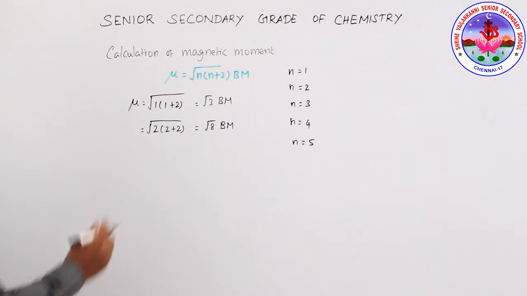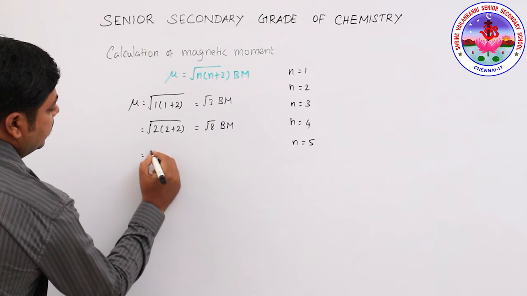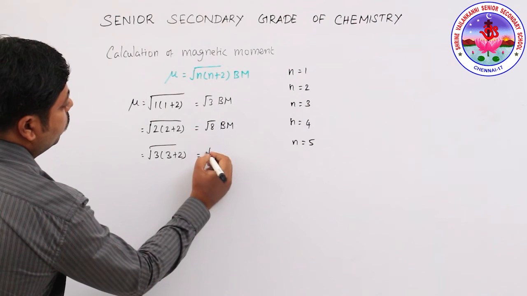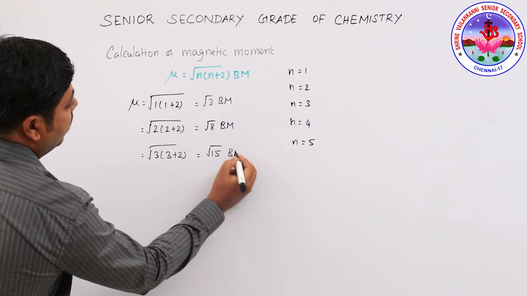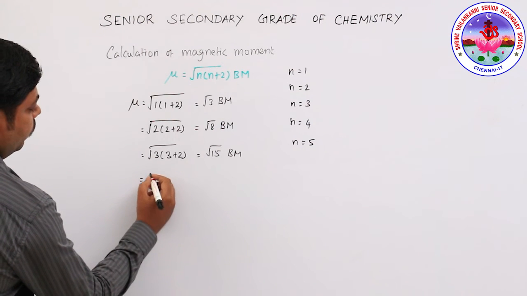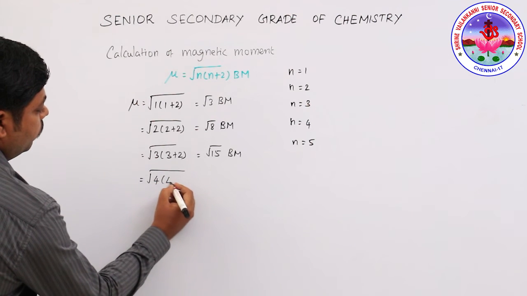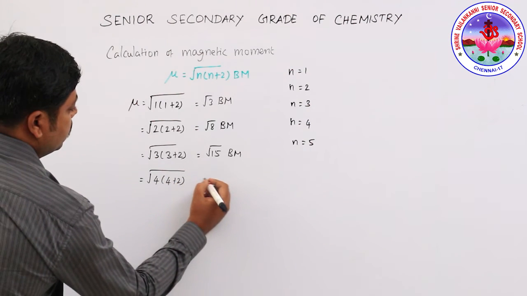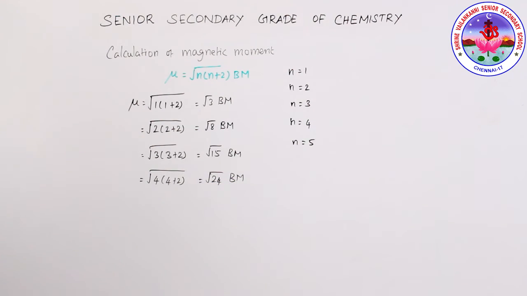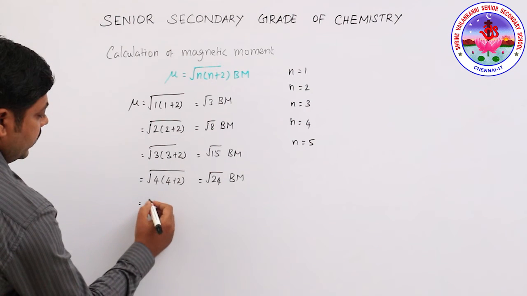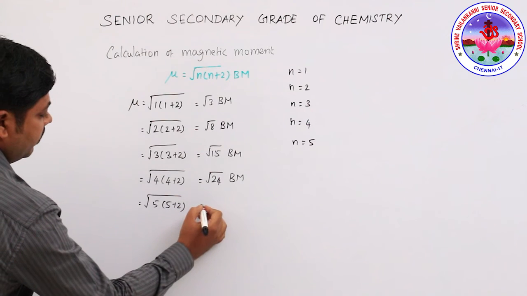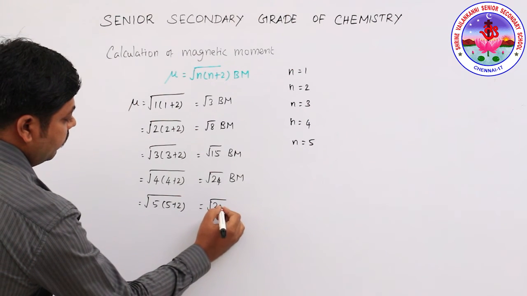Then n is equal to 3: 3 into 3 plus 2, so root 15 Bohr magneton. Then n is equal to 4: 4 into 4 plus 2, so root 24 Bohr magneton. Then n is equal to 5: 5 into 5 plus 2, 7 fives are 35, so root 35 Bohr magneton.